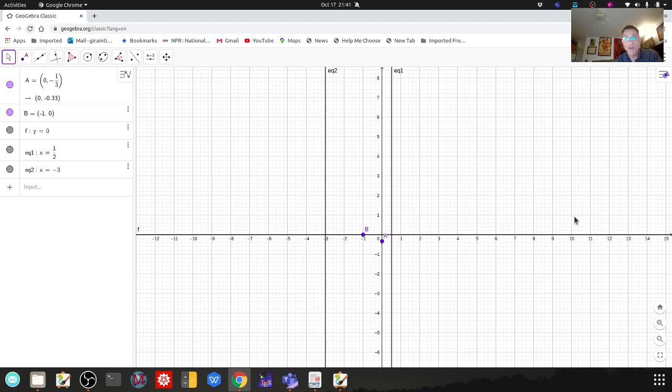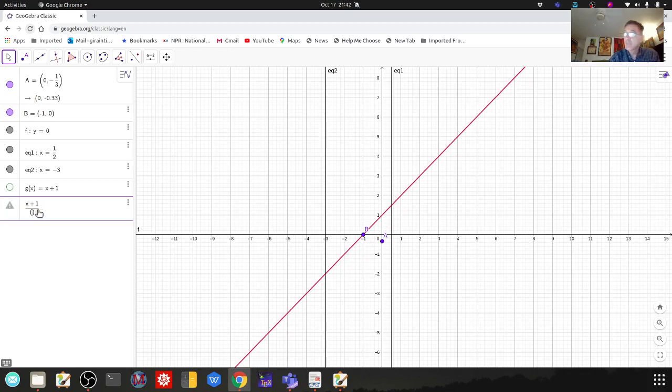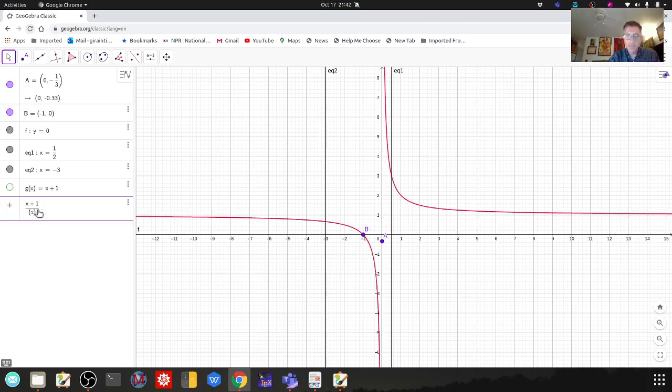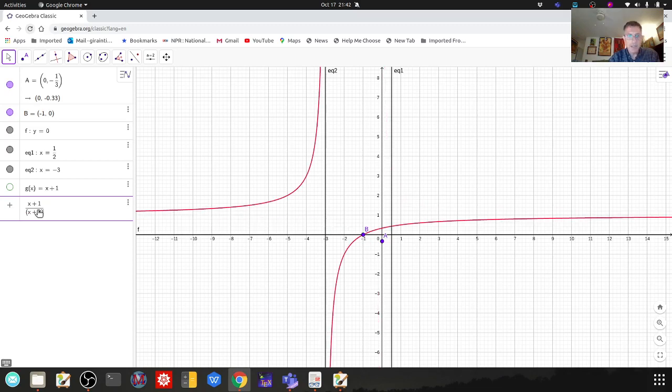I wish I could draw on this, but let's just see what it looks like by plotting it. x plus 1, divided by x plus 3 times 2x minus 1.